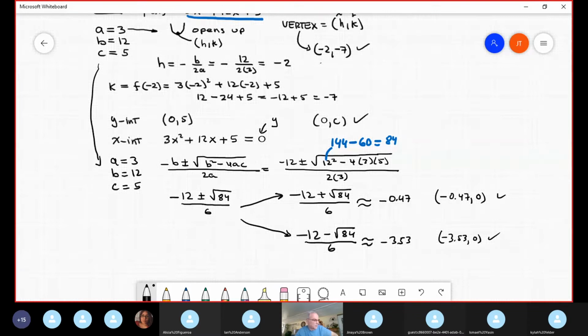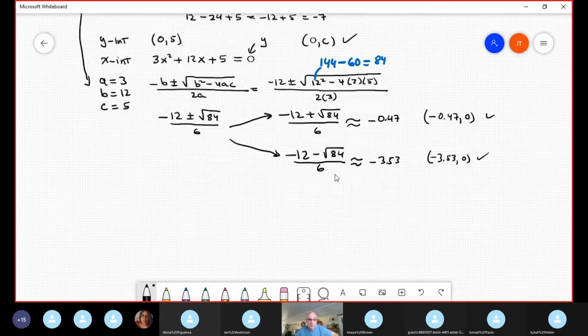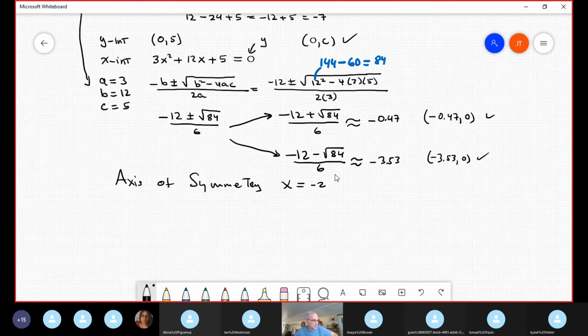But before that, I want to determine the axis of symmetry. The axis of symmetry is x equals something, and its value in our example is -2. It's also important in the applications that we study after that.